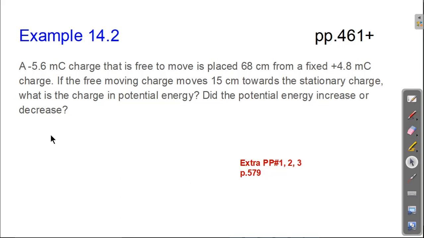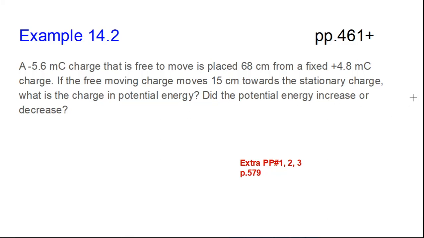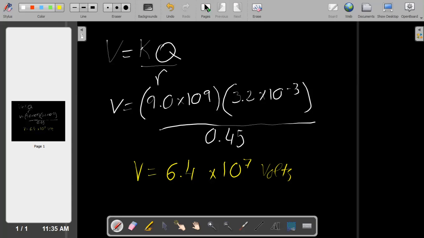If the free moving charge moves 15 centimeters towards the stationary charge, what is the change in potential energy? What is the charge's potential energy? Did the potential energy increase or decrease? Okay, let me go to my whiteboard here and try to solve this for you. Let me get a new page.